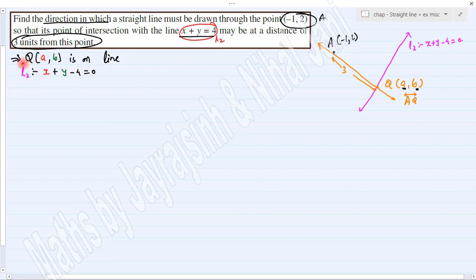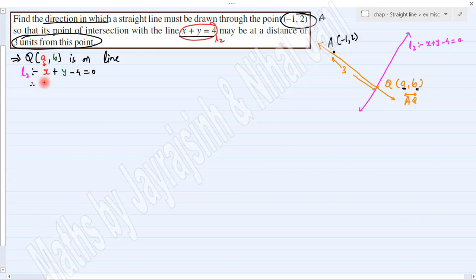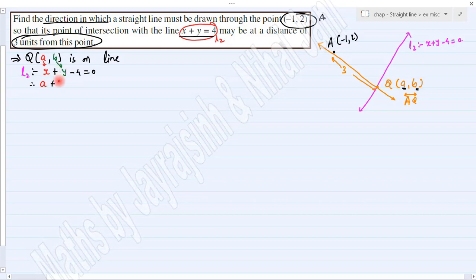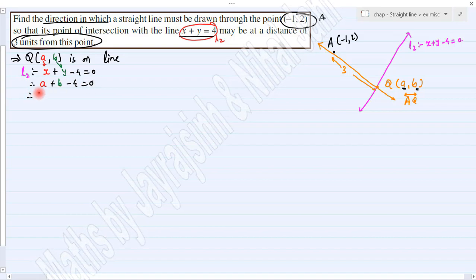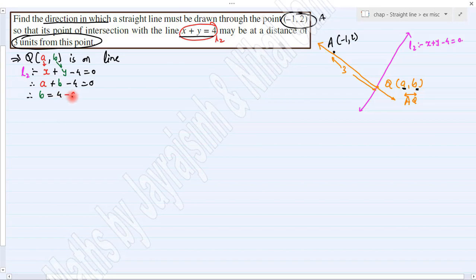Q must satisfy the equation of L2 line. So if we place x coordinate of Q, we will get A plus y coordinate of Q, B minus 4 equal to 0. Or we can say we will get B is equal to 4 minus A. Let's say this is your equation number 1.